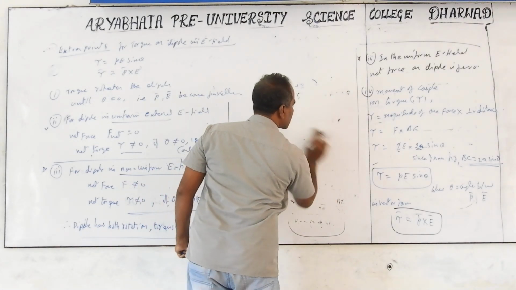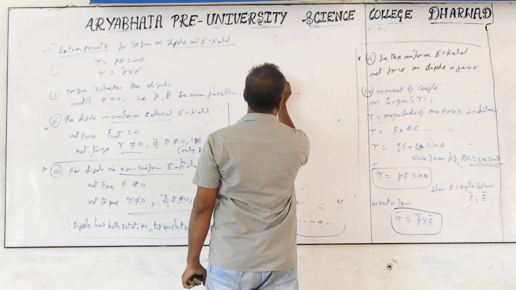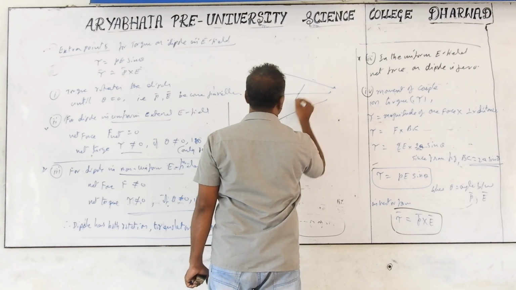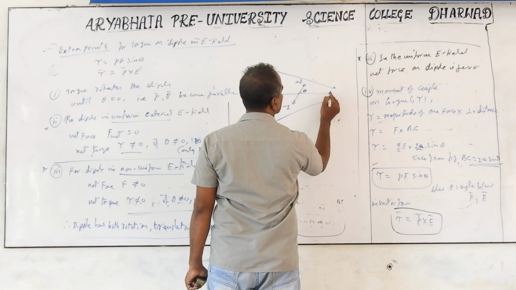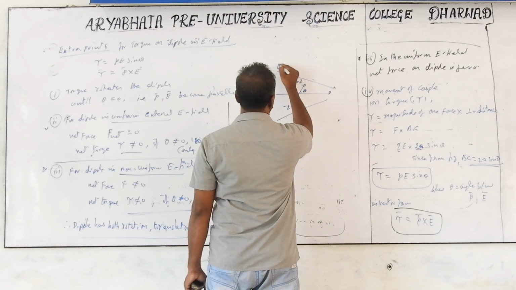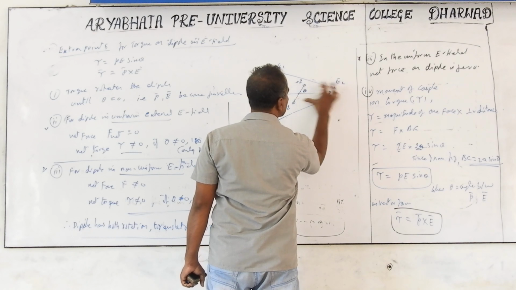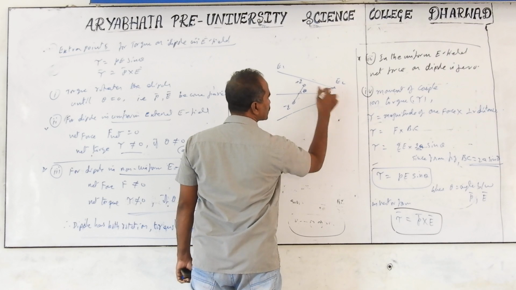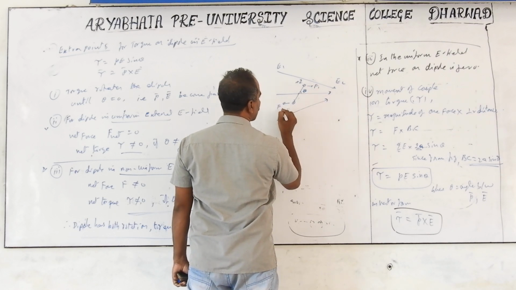The non-uniform field diagram is not actually required for any purpose; it's only for competitive exams. So if I take a non-uniform field, I take the dipole with plus Q and minus Q at angle theta. This is E1, and the force on this charge is F1. This side is the right side, so the electric field is more on the right side, because the lines are closer, which means the field is more. This force is F1 and this force is F2.